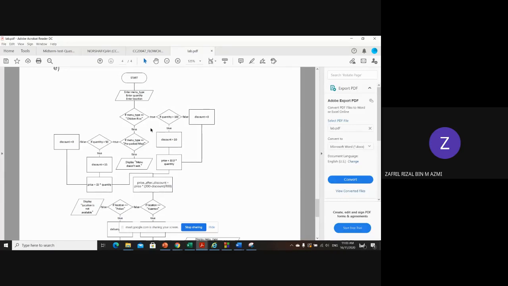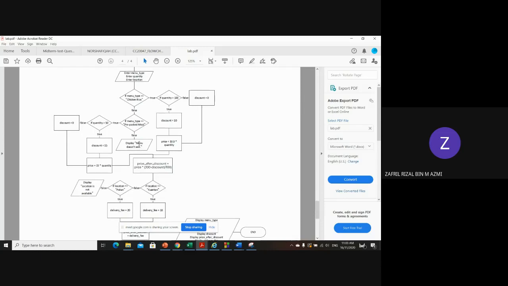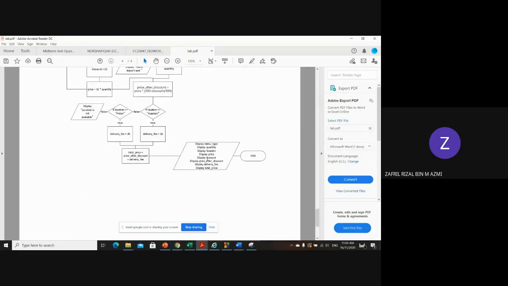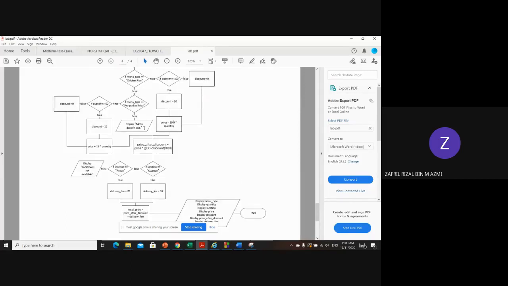It is not following the question, because you cannot leave the process hanging. After you display menu, it doesn't exist, and then what? It doesn't go anywhere. In all parts the system should go to end. You cannot leave your system hanging.